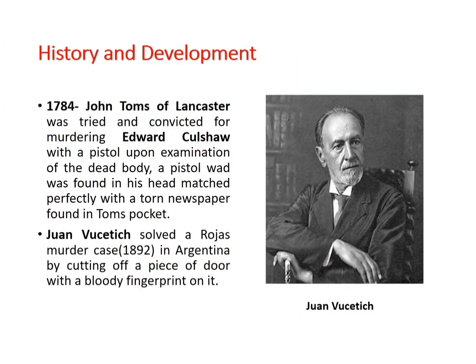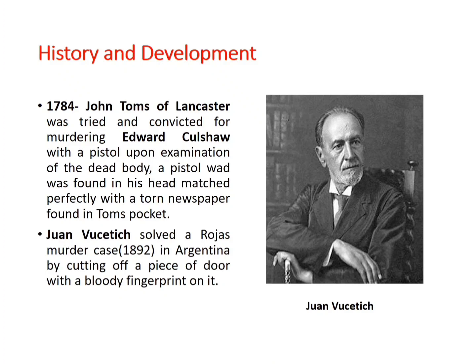In the history of forensic science, a very famous case happened in the year 1784, in which John Toms of Lancaster, UK, was tried and convicted for murdering Edward Culshaw with a pistol. During the examination of Culshaw's body, a pistol wad was recovered.